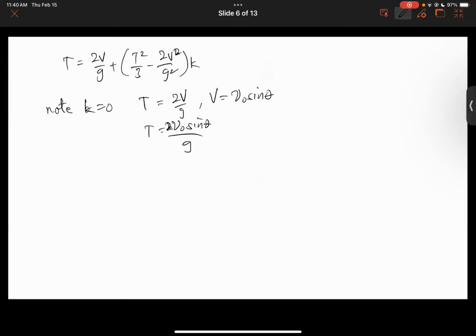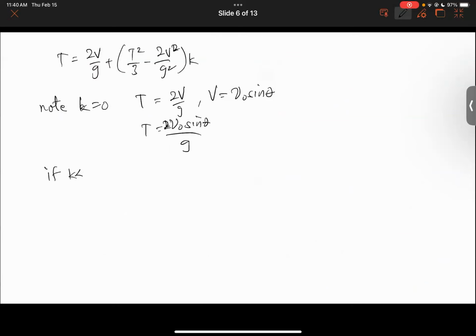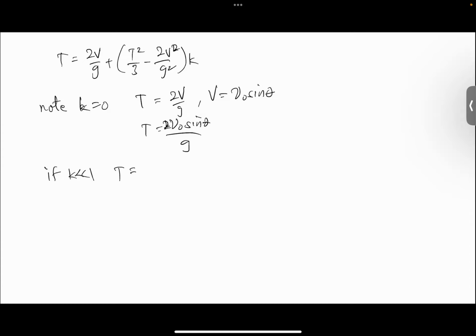What we're saying is that if k is small, then we can write t is equal to 2v over g, or approximately 2v over g times 1 minus kv over 3g. Again, I will show the steps of how that was derived in a separate file, so we don't spend time on that.